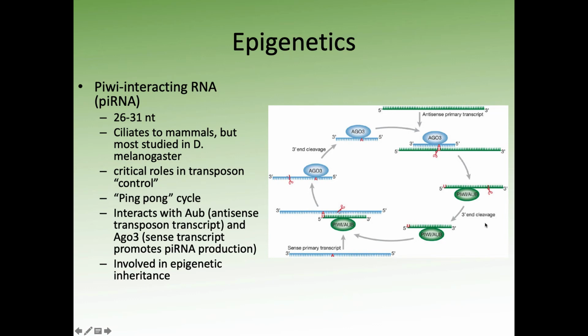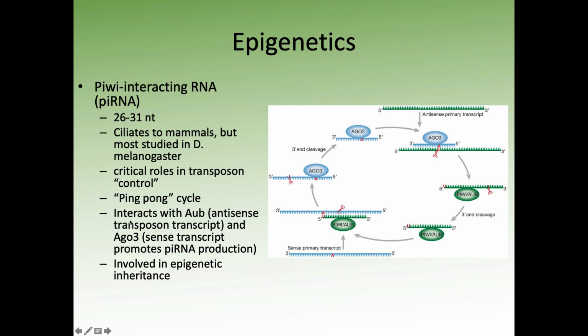It's then cleaved. This cleavage process then creates something that can bind to the sense primary transcript, which then leads to cleavage, which then produces this product, which then binds to the antisense primary transcript, which then leads to cleavage, and you get the picture, right?